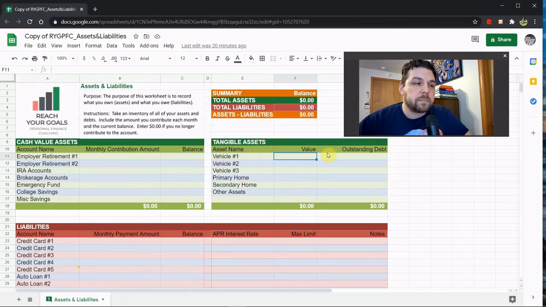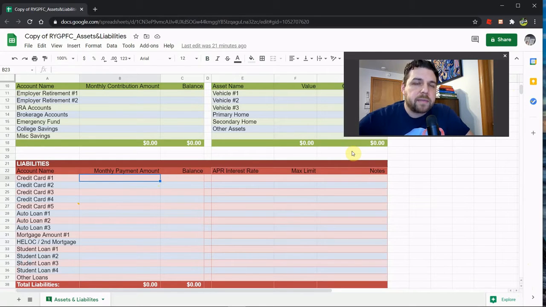So if you own your own home. And for these, we're looking at the value of them as well as how much outstanding debt you still have on them. And this is also where you would record any other assets that you might have. It might have a cash value, for example, jewelry or artwork.